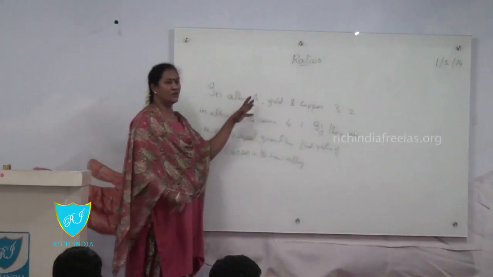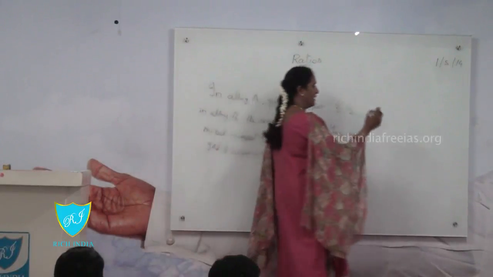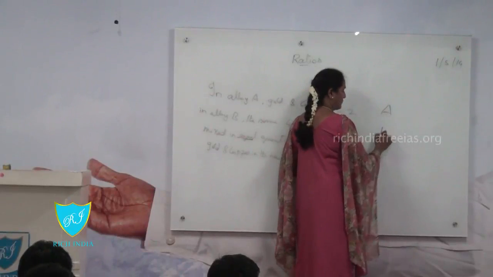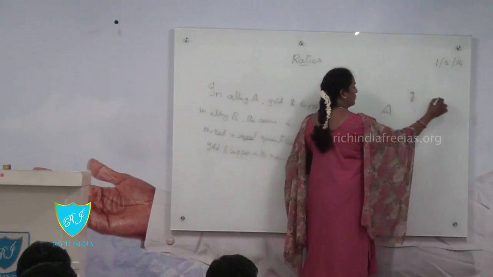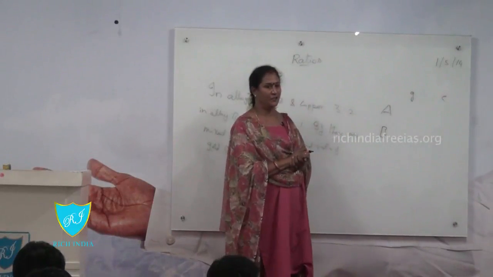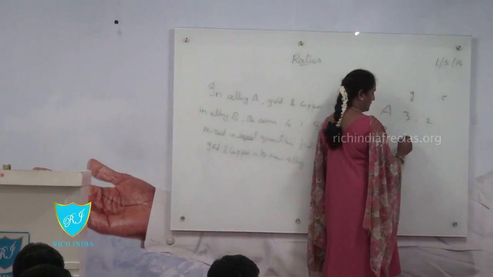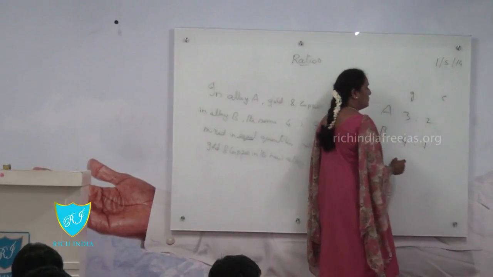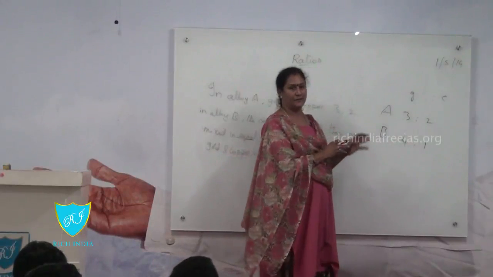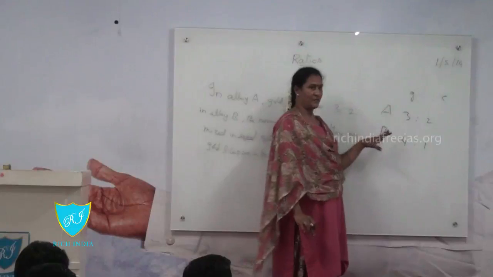In these mixture questions, you do not need to find the LCM. So you write A and B, gold and copper. The ratio for the first alloy is 3:2, and for the second it is 4:1. We take equal quantities of both, whether 1 gram or 1 kg, but the same quantity.